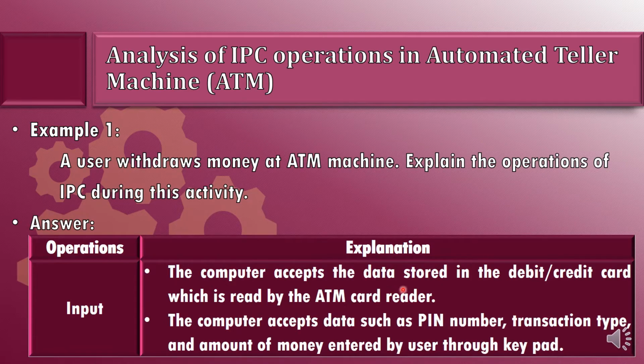Besides the data stored in the debit or credit card, you may explain the second answer as given here. The computer accepts data such as PIN number, transaction type, and amount of money entered by a user through the keypad.